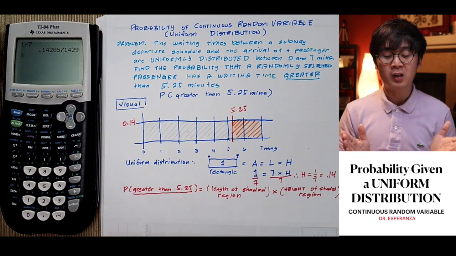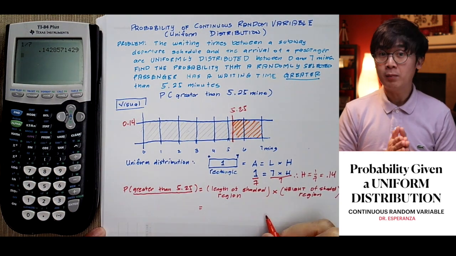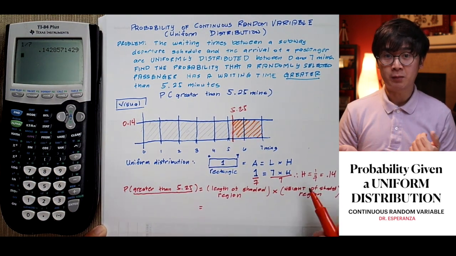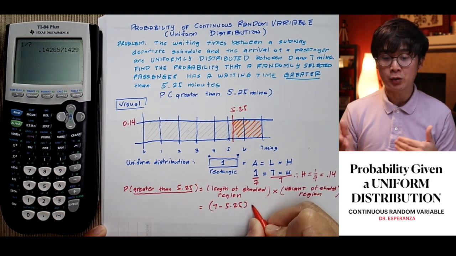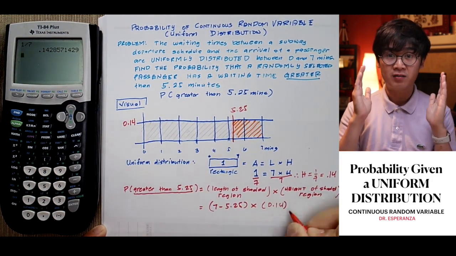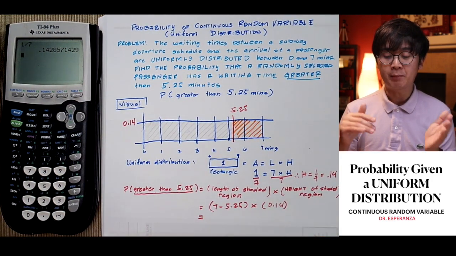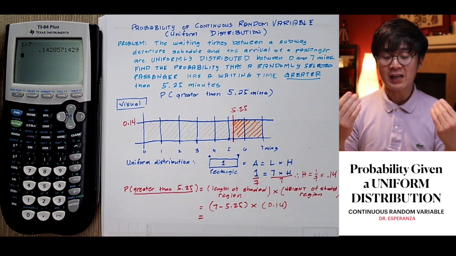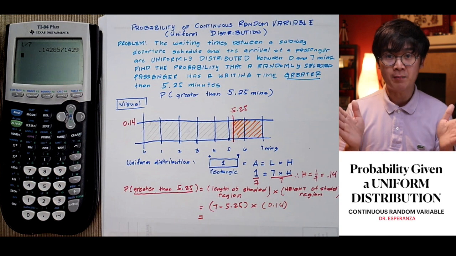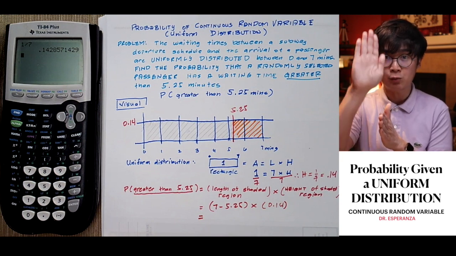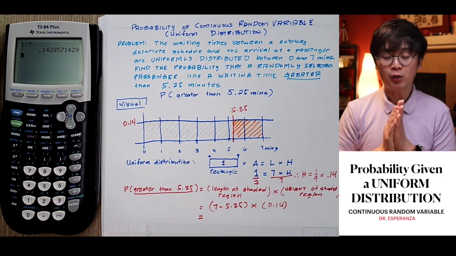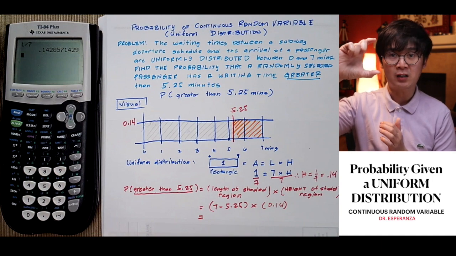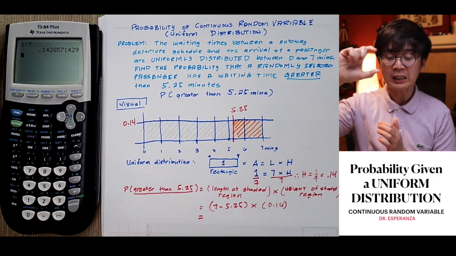The formula for finding the probability of a continuous random variable like this, or a uniform distribution similar to this one, is the length of the shaded region multiplied by the height of the shaded region. The length of the shaded region, as I have mentioned, is just going to be 7 minus 5.25. We're going to multiply it with the calculated height that we had, which is 0.14.